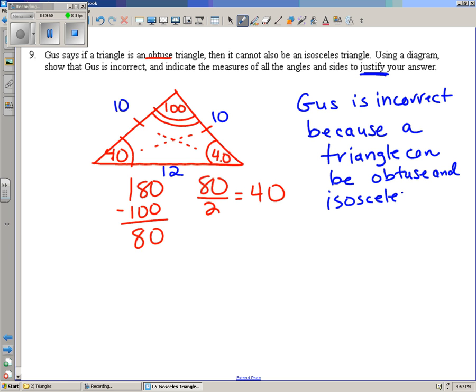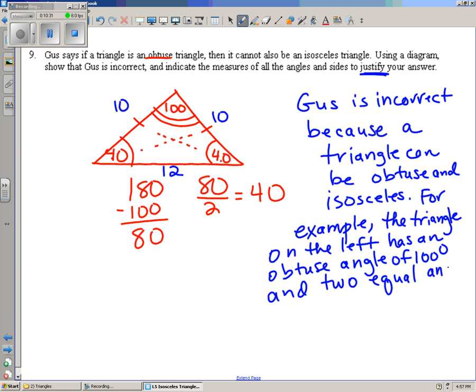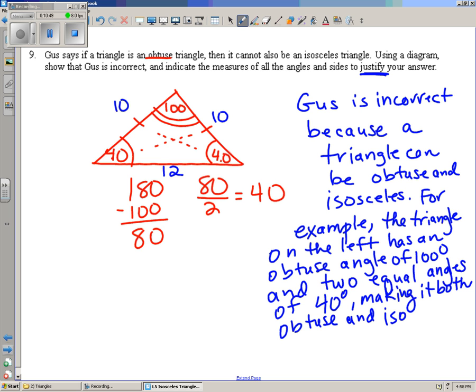For example, the triangle on the left has an obtuse angle of 100 degrees and two equal angles of 40 degrees, making it both obtuse and isosceles.